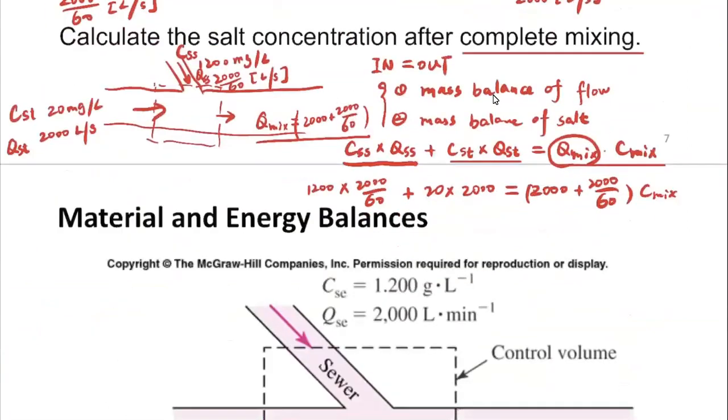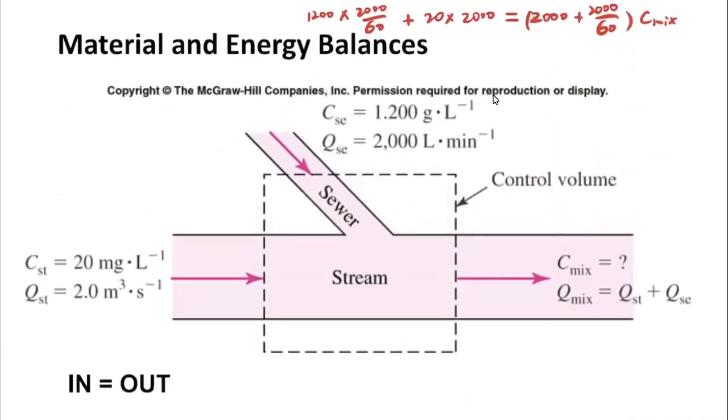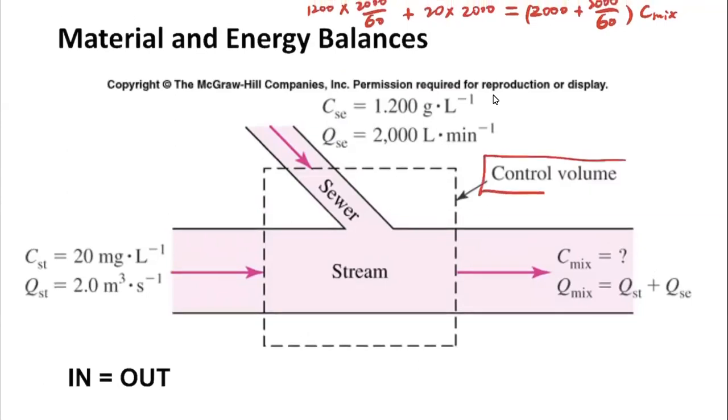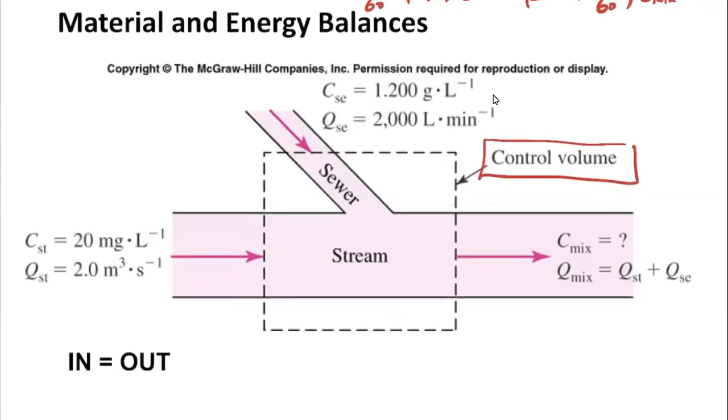So by plugging in all of these values, here is a representation of the problem again, okay? So you have this physical mixing problem system, right? You can identify the control volume from the system, right? You have the inflow of the salt and also the inflow of the water, right?